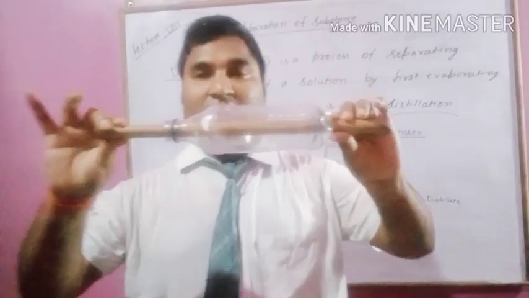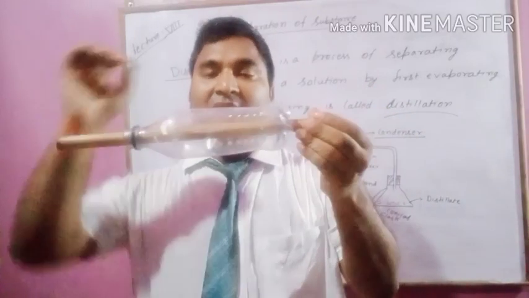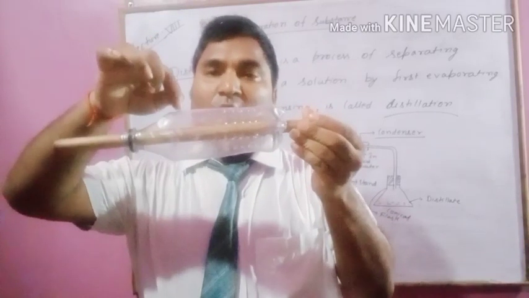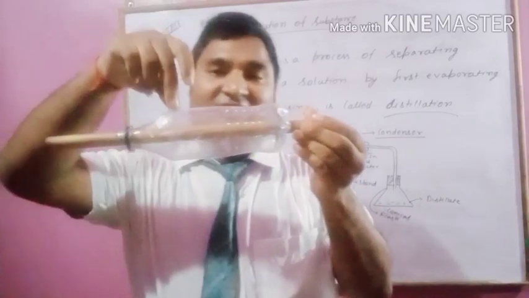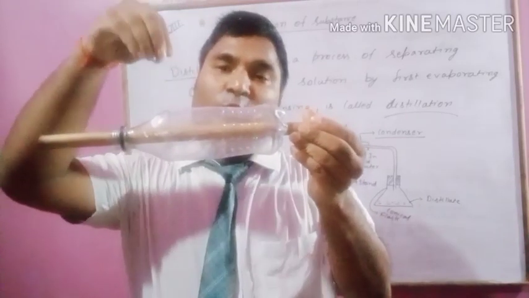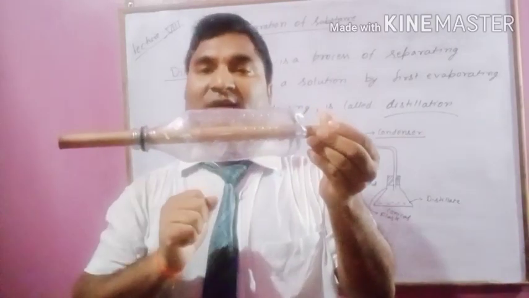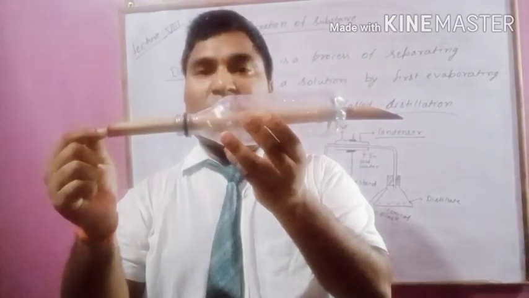Now the vapors are going through this tube, and in this outer tube I have made a small hole here and a small hole here. From this hole I am passing cold water, and from this hole cold water is coming out. Imagine the vapor is passing through it.